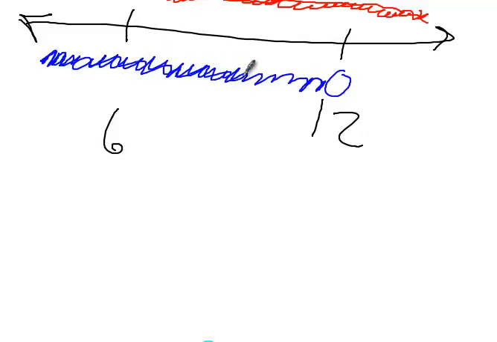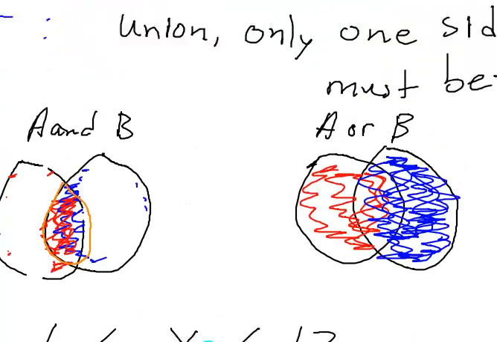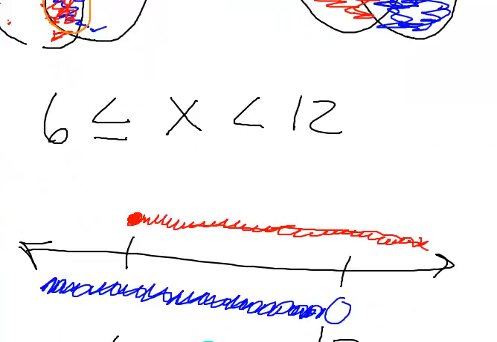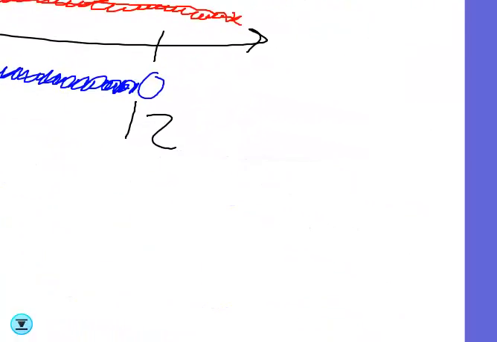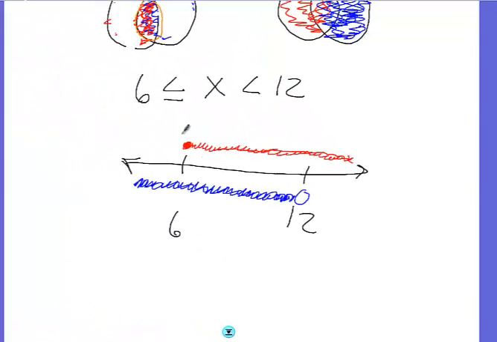All right. So like we said, and is the intersection, or where both sides must be true. So therefore, our actual solution is only where the red and blue overlap, which for this case is the middle. So I'm going to draw in purple our actual solution. We have a closed-in circle there, open circle there, and it's just the middle, or the intersection of our answer.